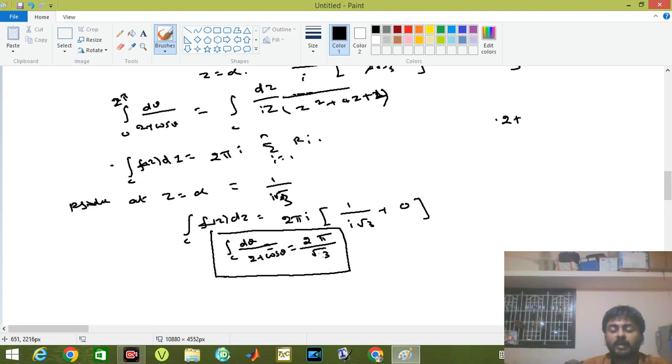So in the same way, when it is asked for sin theta, you can do. When it is asked for both cos theta and sin theta, you can do.